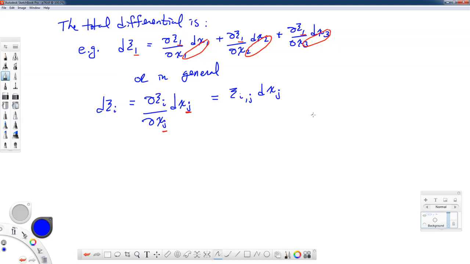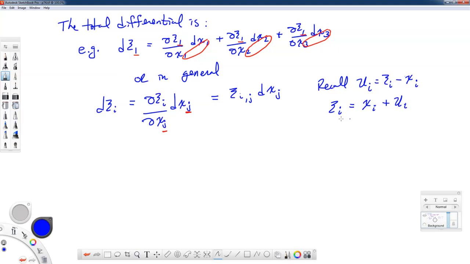Now we had our relationship for the displacement between 2 points. The displacement component ui is the final minus the initial position. Or if we want to find the final position, we can say the final position is the initial position plus the amount of displacement of that particular point.